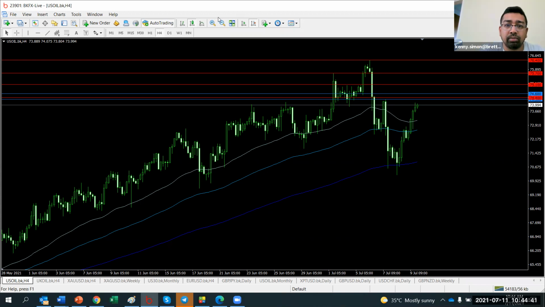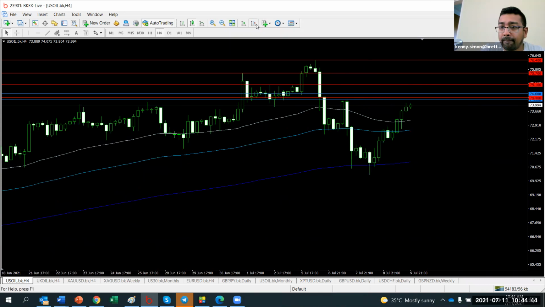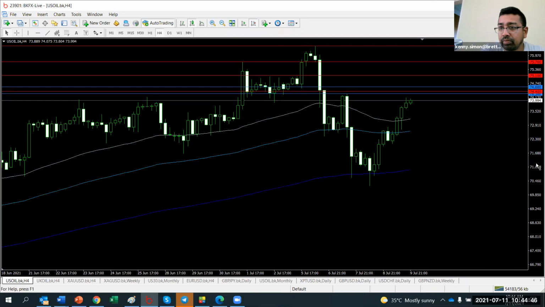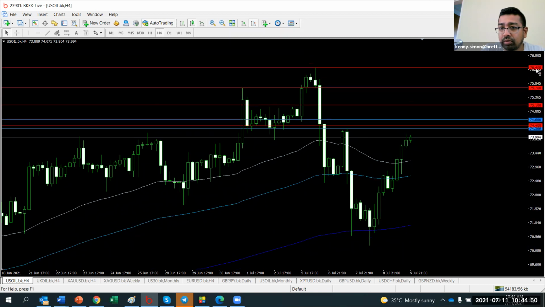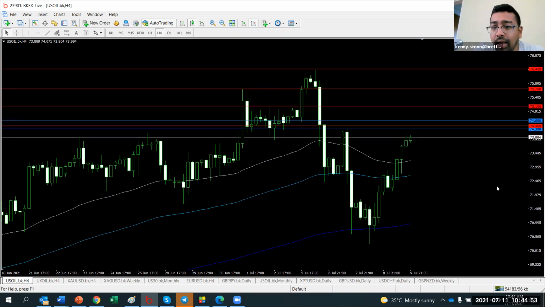So let me make this bigger. Okay, right. So the entry, which I'm not really bothered about, is at 74.30 or 74.60. But exit prices, which I am very concerned about, usually are either 75.10 to exit, 75.70 to exit, or 76.40 to exit.